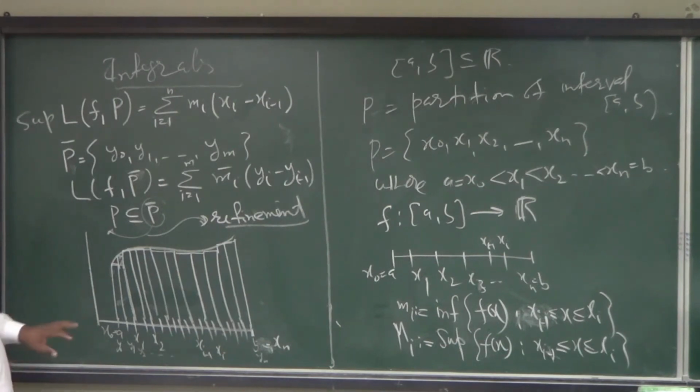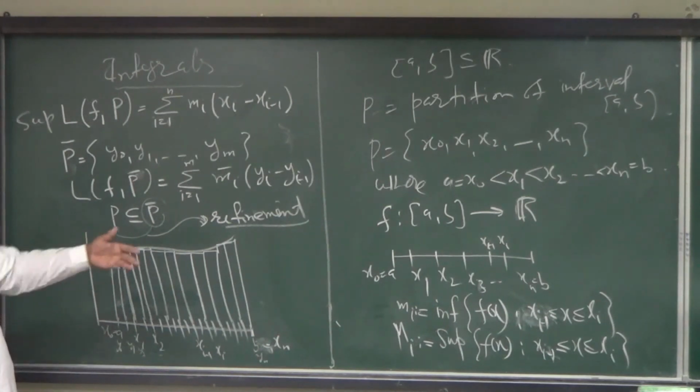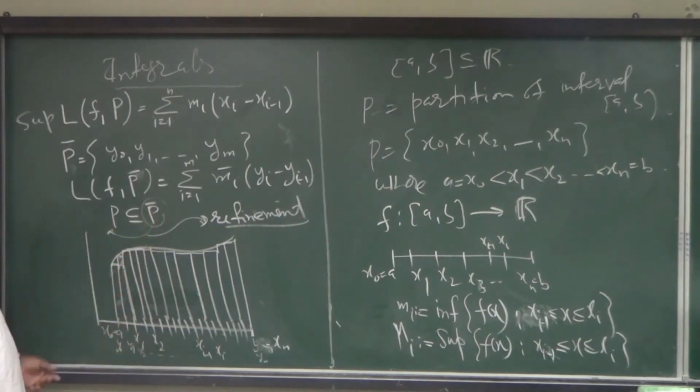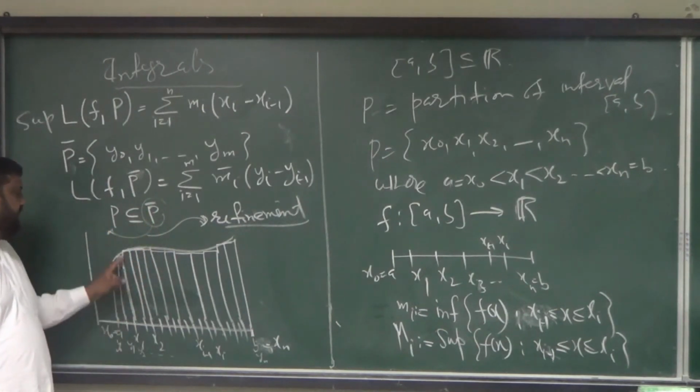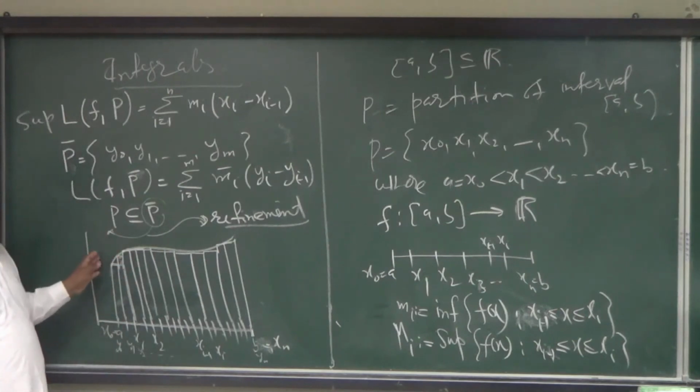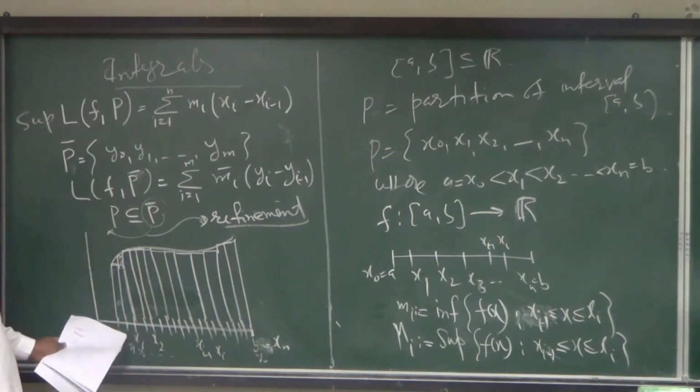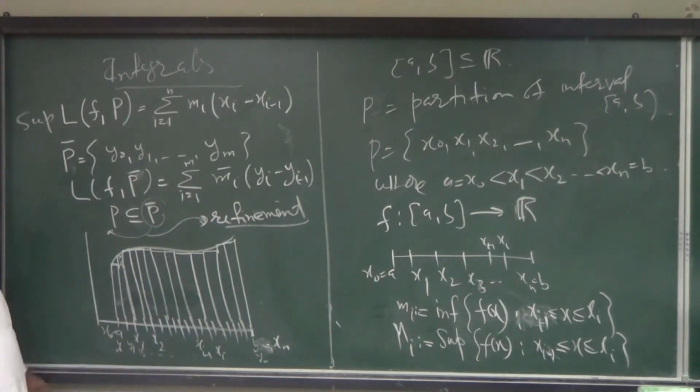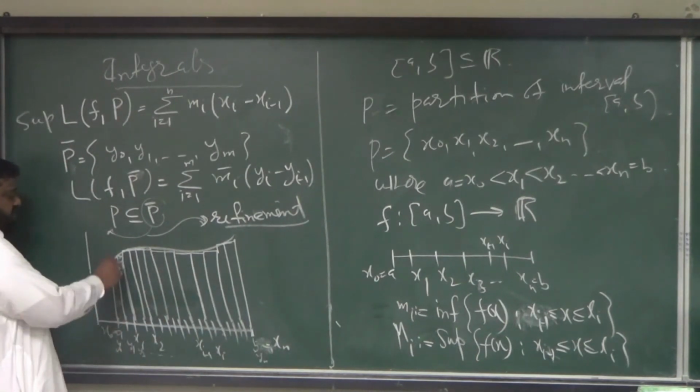How about thinking the other way around? Just think about it first. If this description is making sense to you, then the theory is going to make sense. Imagine instead of taking infimums, now I'm taking supremums within each interval.